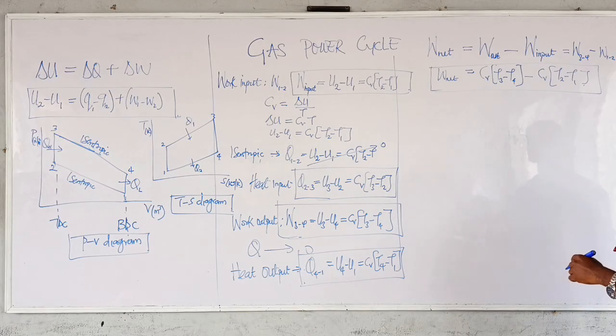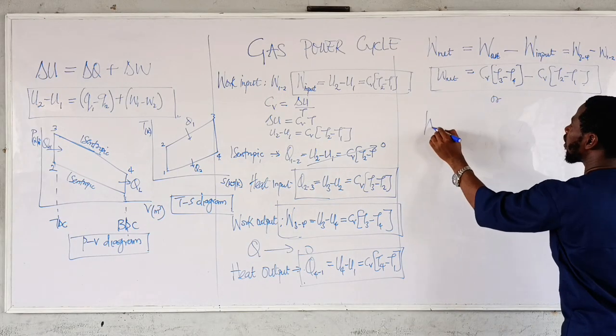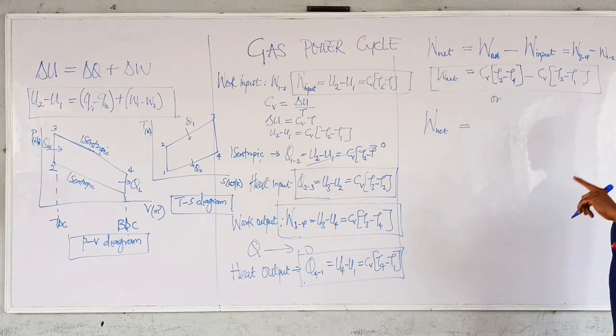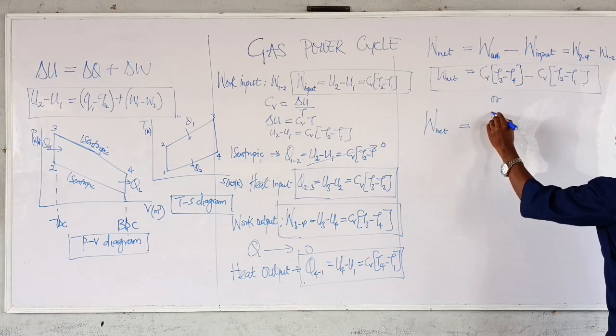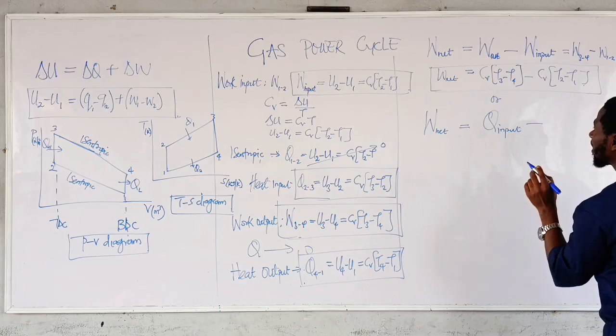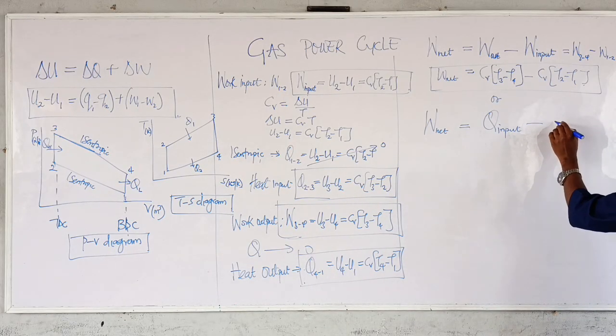Alternatively, the net work output equals heat supply, which is heat input, Q input, whichever one that you want to use of the two, minus Q output.